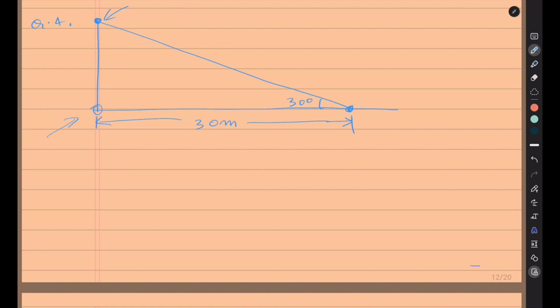Then we have to find the height of the tower. So let us just denote it by some points A, B, C. So here actually we need to find AB, which is height of the tower.